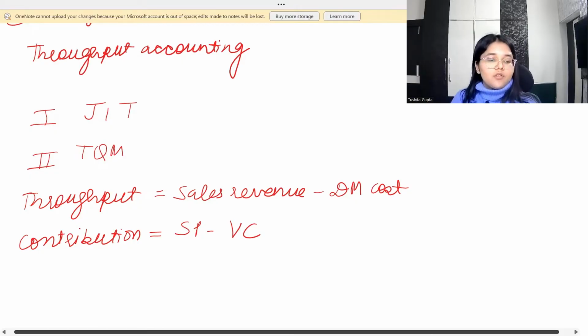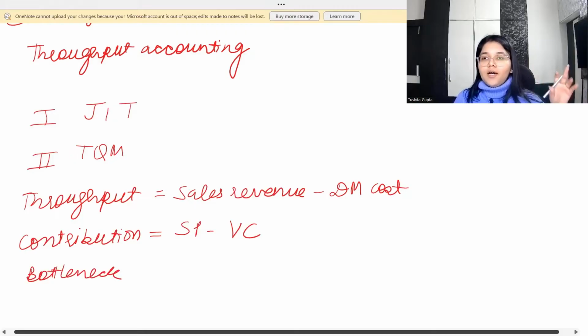And then there's also a concept of bottleneck when it comes to throughput accounting. So bottleneck basically is the factor that prevents the throughput from being higher. Throughput is basically something that we earn. So bottleneck is any factor that will prevent the throughput from going up, from going high.